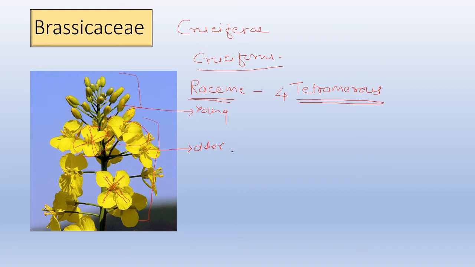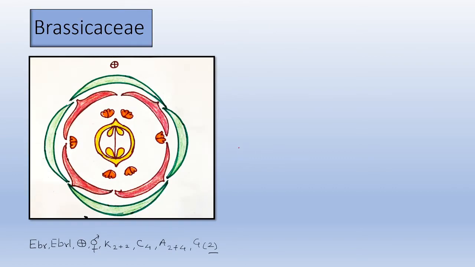Now we will focus on the detailed structure of the flower of Brassicaceae. Now the family Brassicaceae has the following floral diagram with floral formula. When we start drawing the floral diagram, the important thing we have to do is draw first of all the mother axis, and with reference to the mother axis we will draw the other whorls of the flower.